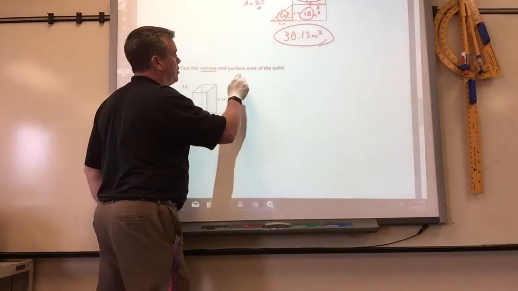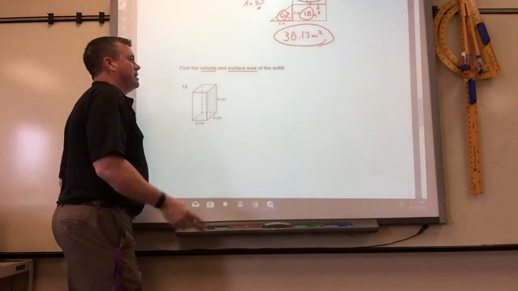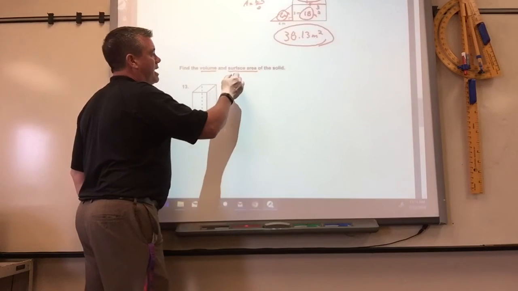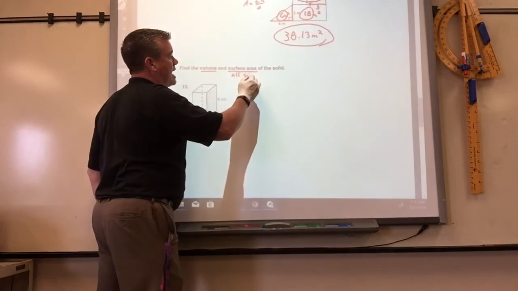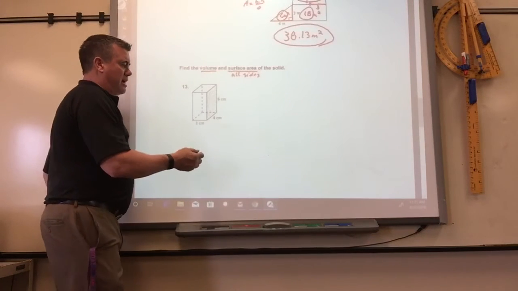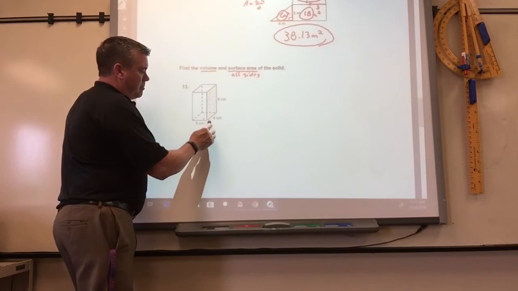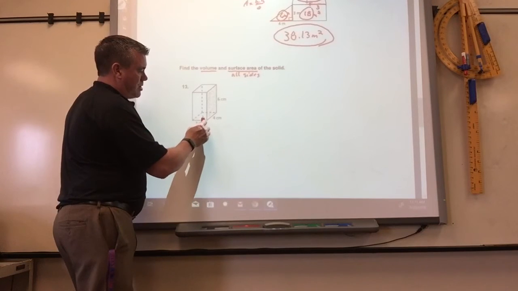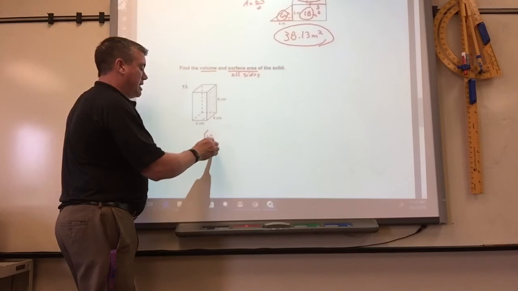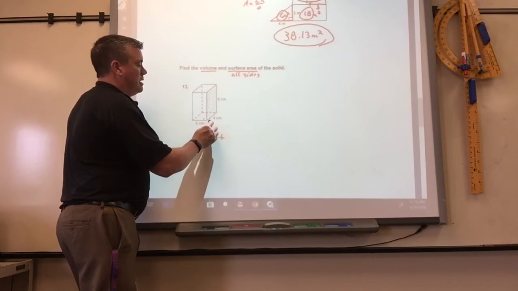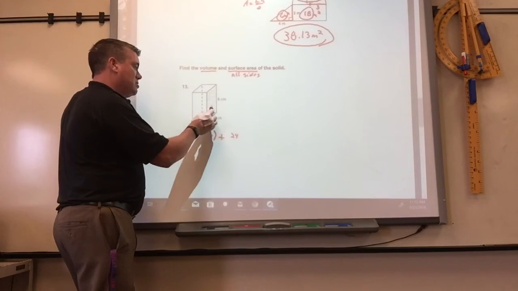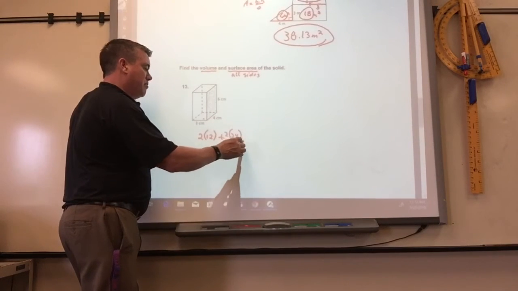Another one, you gotta find both answers, volume and surface area. Surface area is probably the hardest because you find all sides added together. So it's easy to do, it's just easy to lose track of what you've done. The bottom is a 3 by 4, so that's 12, but there's 2 of them, top and bottom, so take that times 2. Plus, this side is 4 by 6, 24, but again, there's 2 of them, so take it times 2.